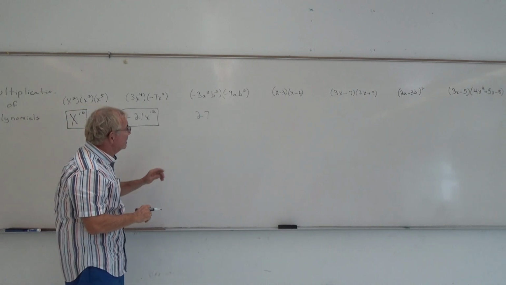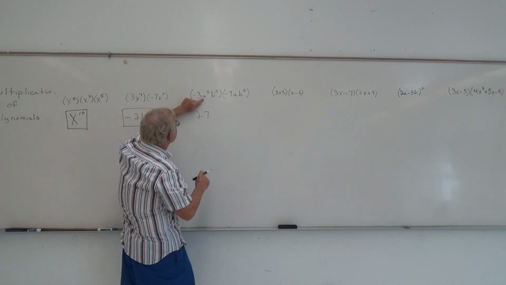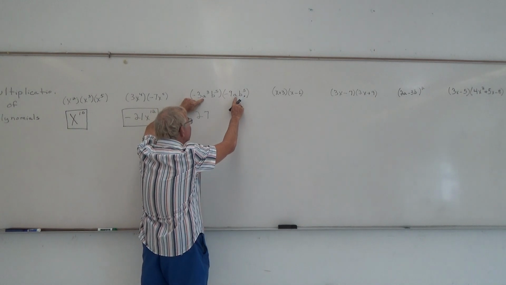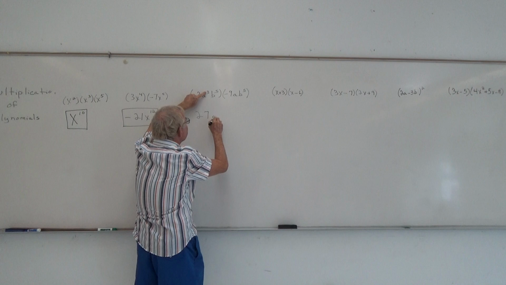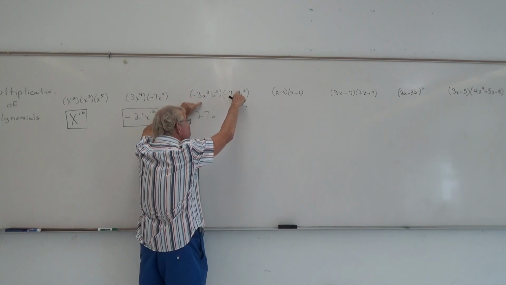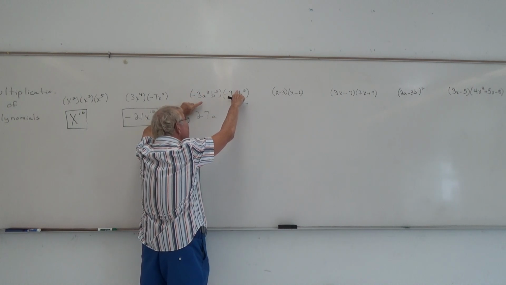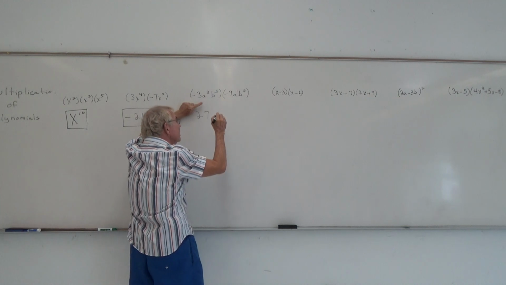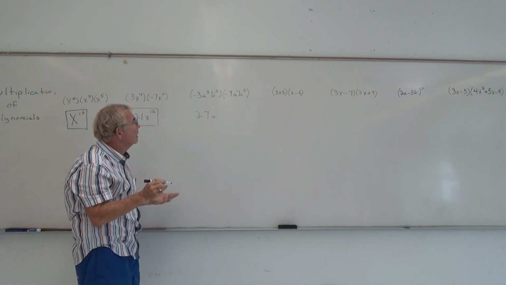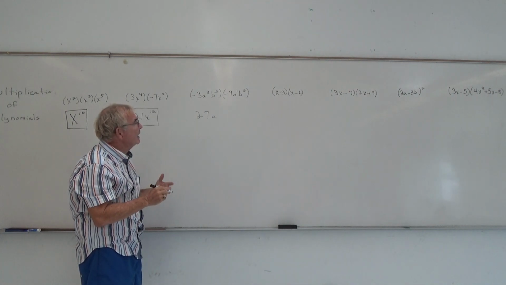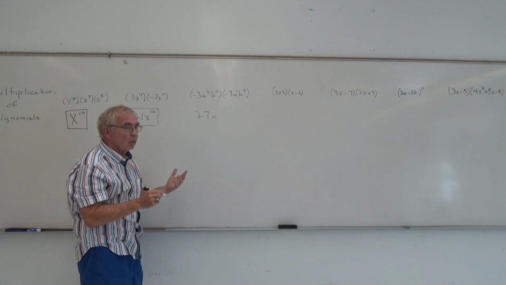Now let's look at the bases. You have a base a here and a base a there. Notice you have an exponent of 3 there, but you don't have an exponent written here. If it's not written, it's understood to be a 1. So if you just say a, it has an exponent understood to be 1.